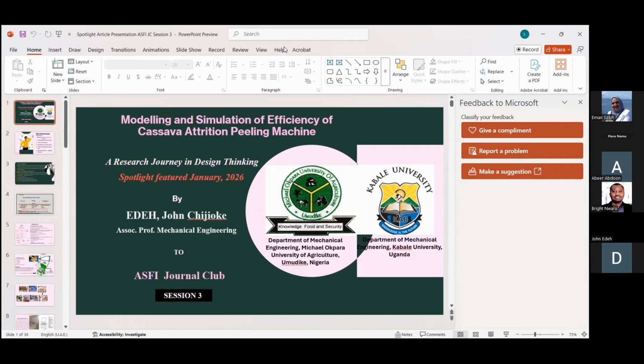So this research has presented to us that you can develop a mathematical model using a mechanistic approach and simulate how a system should actually work before going to the actual.